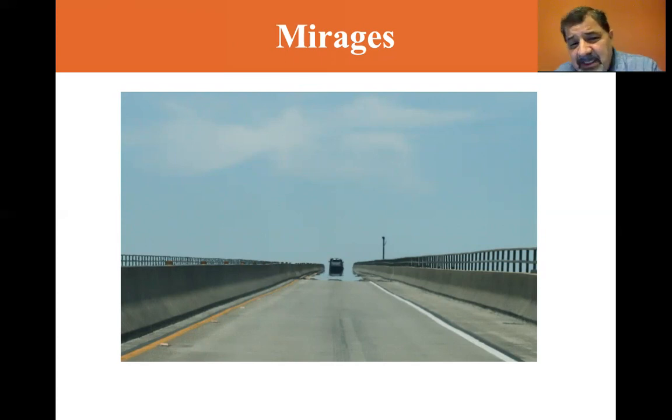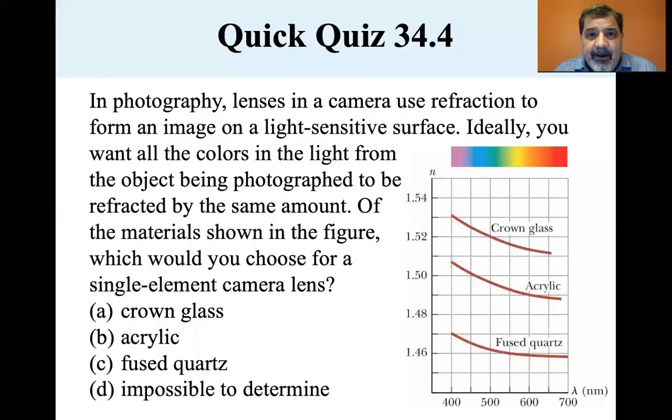So you're seeing the sky that hasn't bounced all the way down, and it's hitting your eye. It makes it look like the road is wet. We've all seen that on hot Texas roads. It looks wet, and you get up to it and it's dry.